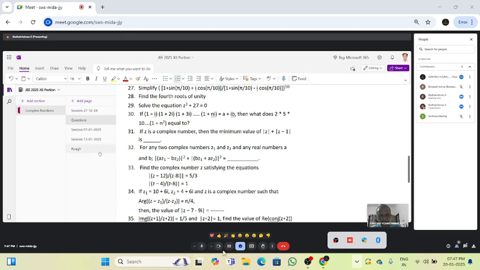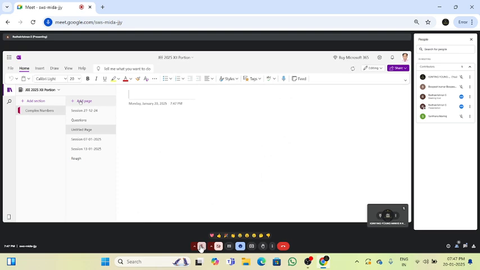So today's session is a new page. I think we saw all the concepts relating to complex numbers.